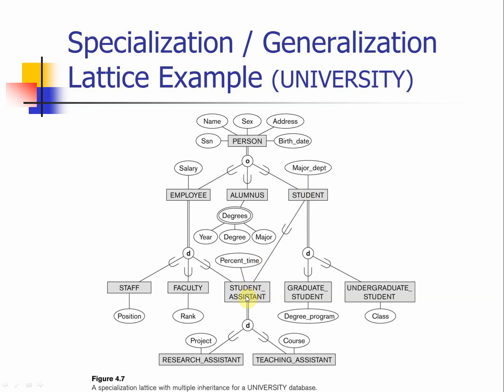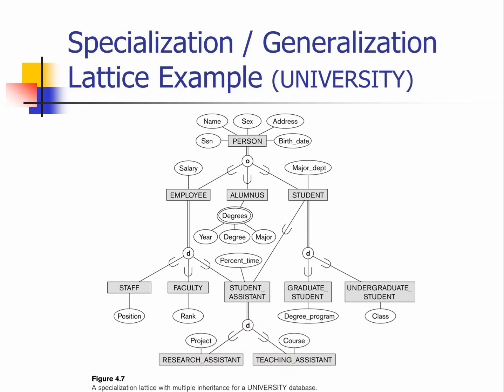If you are a student assistant, you have to choose either research assistant or teaching assistant. You can see that based on this design, a research assistant cannot do teaching jobs because it is a disjoint over here. If a research assistant can also do the teaching, then this D has to be an O, overlapping, over here.